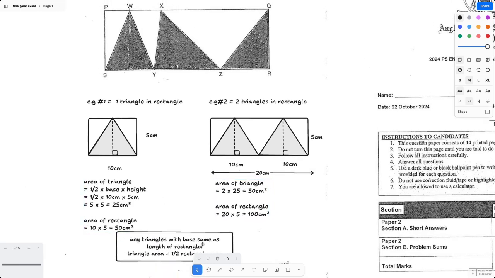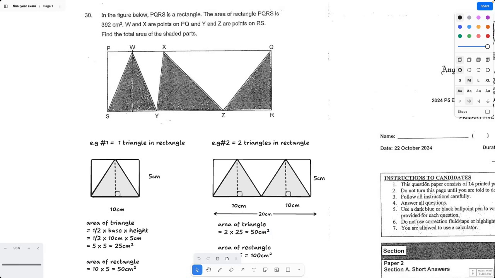So what does this mean? This means that if we want to get the area of this triangle, no matter how many triangles we add with different base, you see the base itself is actually the whole rectangle, and the height of the triangles is also the height of the rectangle.